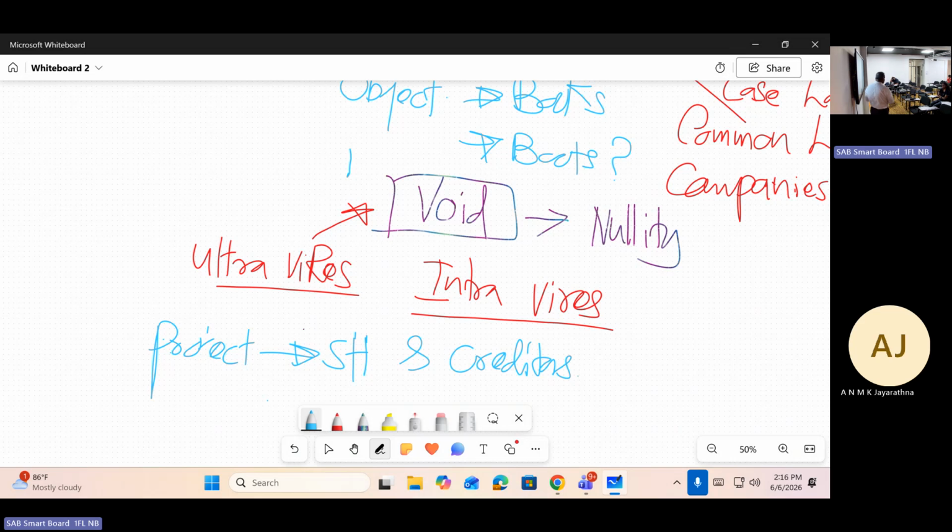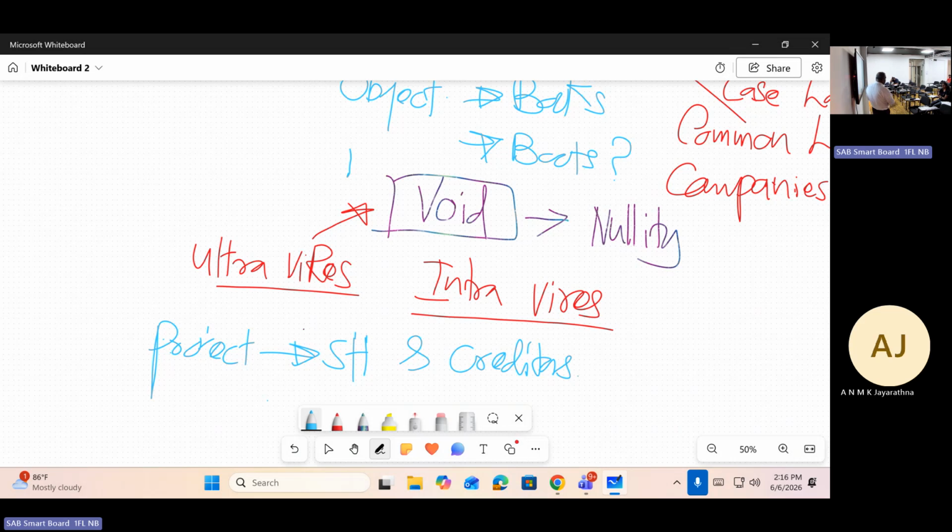And so, in order to protect the shareholders and creditors, in the case of Ashbury Railway Carriage Company v Riche, the court introduced this concept as the ultra vires concept. That is, transactions beyond the objects of the company.